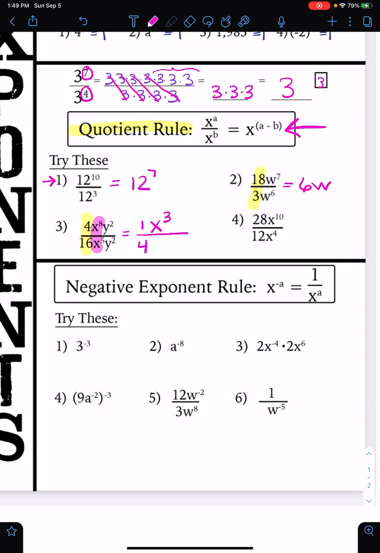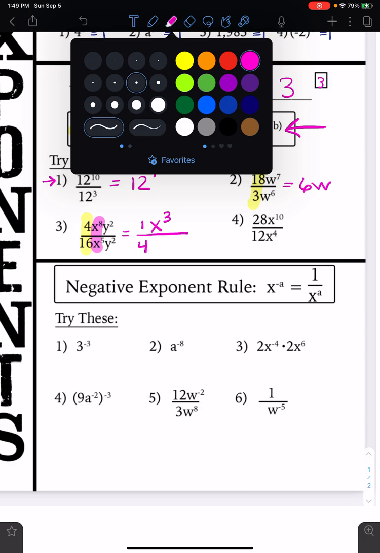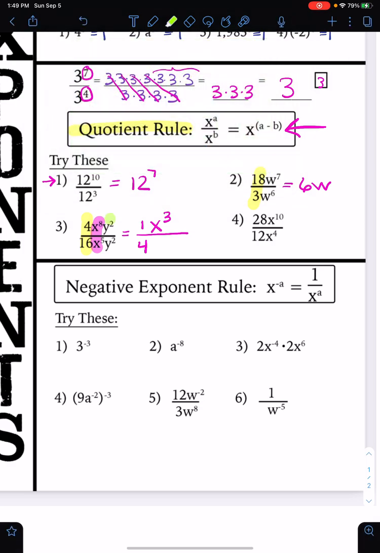And then we have another pair of exponents here. Variables here. We have y's. We have y squared over y squared. Now, anything divided by itself in math is just equal to 1. But the shortcut is to subtract 2 minus 2, which is 0. So if we had y to the 0 power, we know that that is also 1.